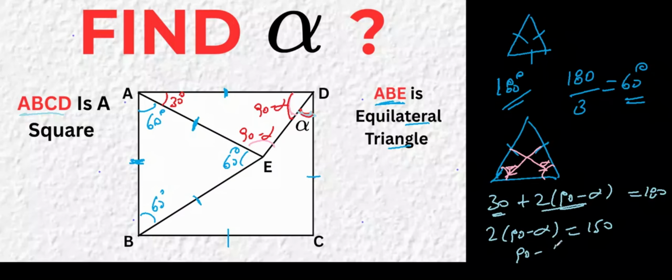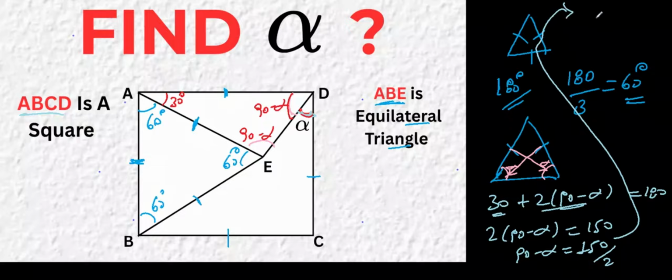Then 90 minus alpha is 150 over 2, which is 75. And alpha is 90 minus 75, which is 15 degrees. So the answer, the value of alpha, is 15 degrees.